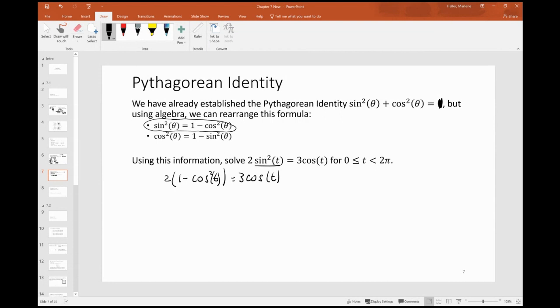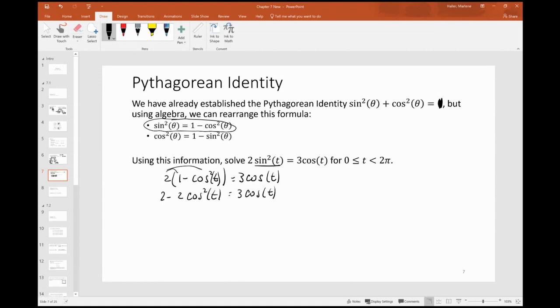All right, let's simplify and rearrange this equation a little bit. If we distribute that 2, we'll have 2 minus 2 times cosine squared of t is equal to 3 times the cosine of t. All right, this is looking quadratic in nature, isn't it?